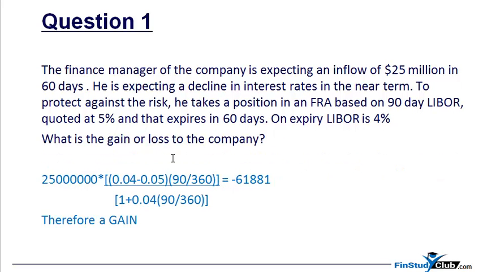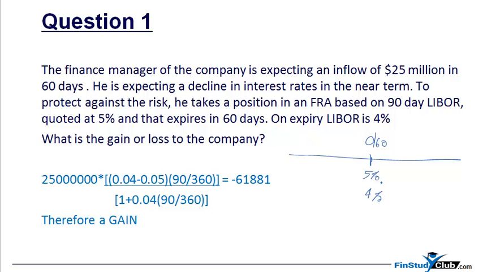So what's the gain or loss to the company eventually? Now let me draw this. So it helps drawing the timeline. So here we are, day 60. The FRA rate was 5%. So the company locks in its lending rate at 5%, but eventually the rate turns out to be 4%.